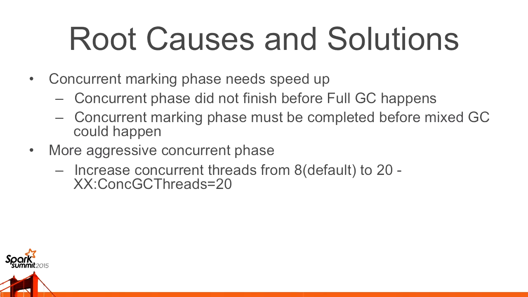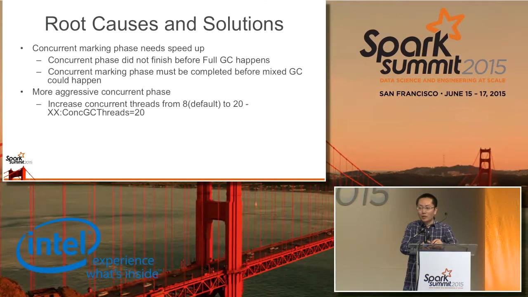All right. So here's the root cause and what we are proposing as the solution. The concurrent marking phase doesn't finish in time, so we don't have any clue of what the garbage is in the old generation. We only do young GCs.